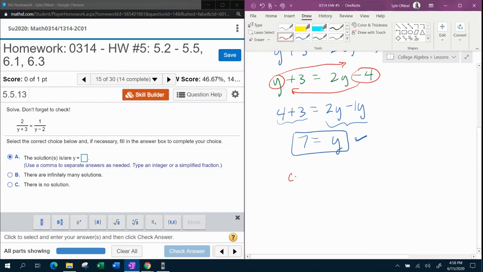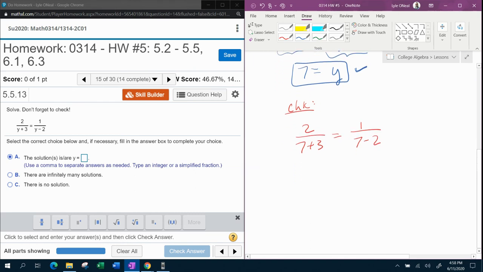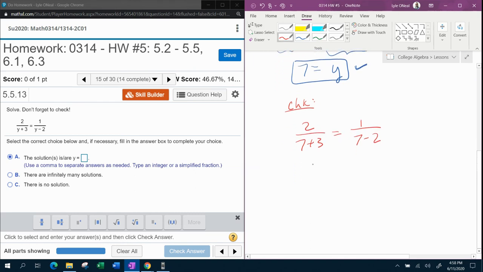You're saying check it. So here we go. To check it, we're going to have 2 over 7 plus 3. On the other side is going to be 1 over 7 minus 2. And then if I do the math, that's going to be 2 over 10 equals 1 over 5.